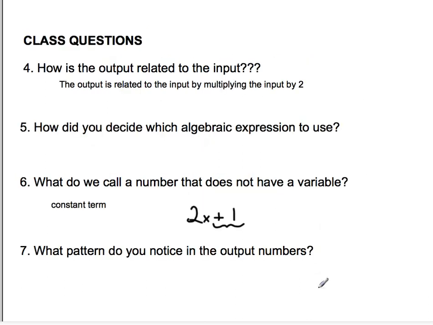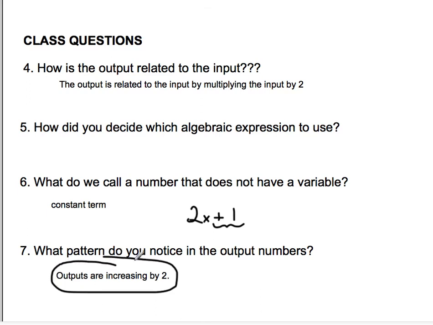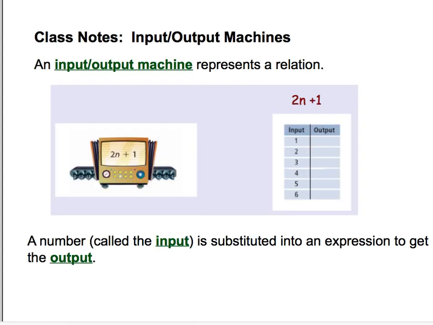So my outputs are going up by 2. Increasing. Let's use the good word. Increasing by 2. This is going to be really important later on, I think a little bit later on in Lesson 5. So just hold on to that thought, the output patterns.